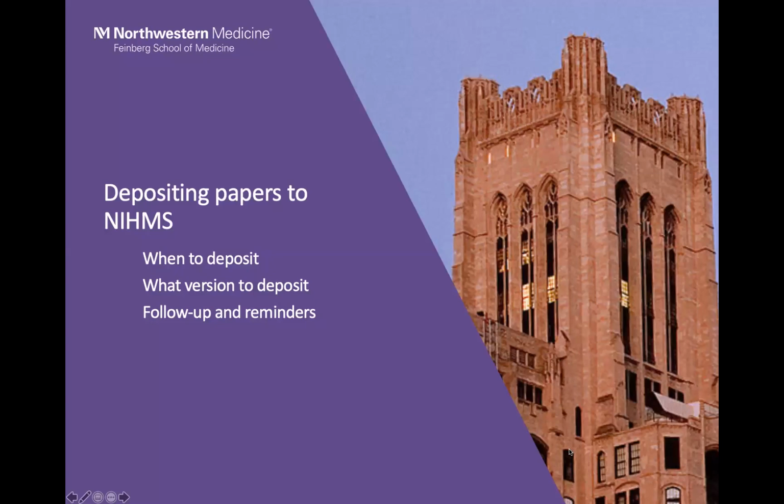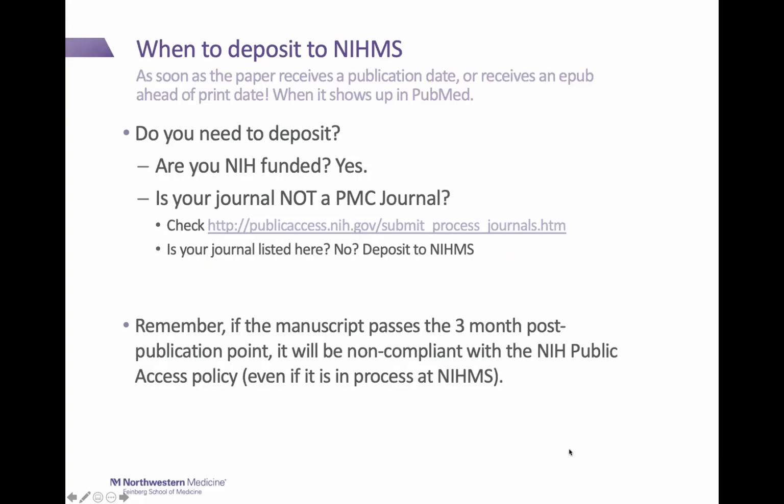So if you have publications that need to get PMC IDs and aren't in PMC journals in that list that you can look up, you'll need to deposit them through the NIH manuscript submission system. That's what NIHMS is. The questions you ask yourself is, was the paper NIH funded? Yes. Is it not published in a PMC journal?